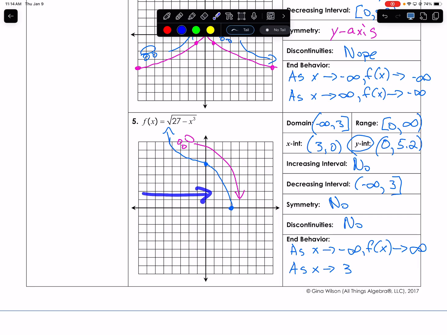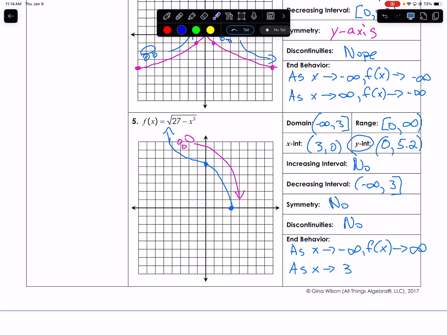See, it says infinity in her notes. I think it should be 0 as well, because they stop at 0, right? As x goes this way, the y values are stopping at the x-axis, which is 0. Do we agree? Does that make sense?